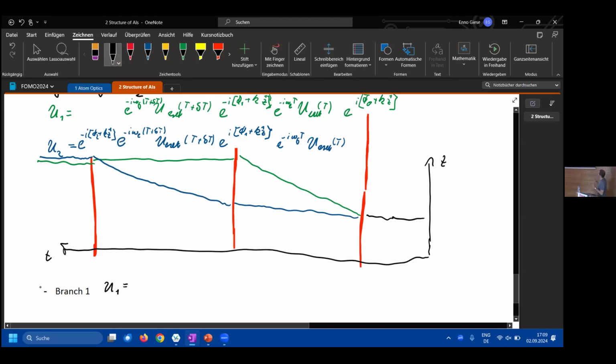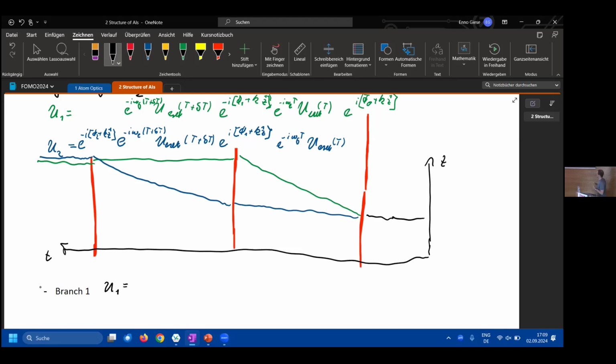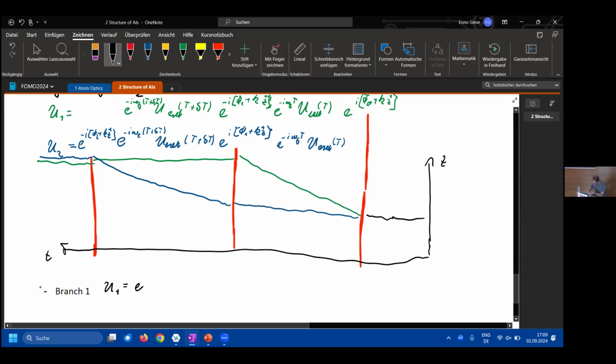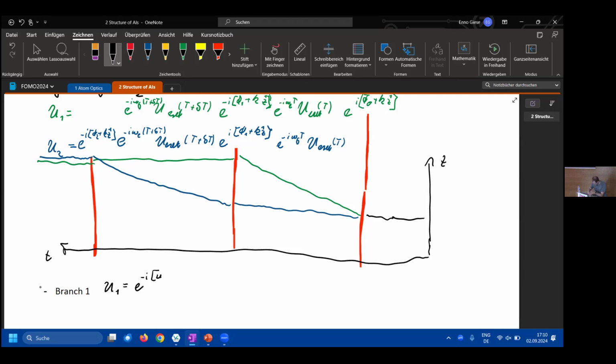Now I collect all the different phases, just the phases, and talk about the operators later. This is e to the minus i (omega excited times t plus omega ground state times (t plus delta t)), plus omega phi 1.